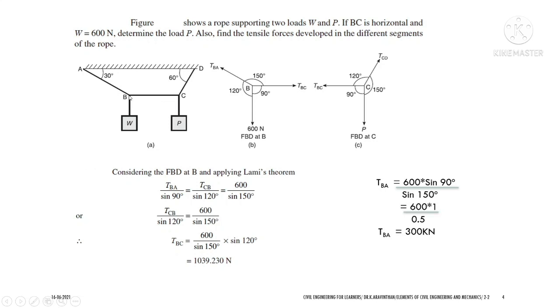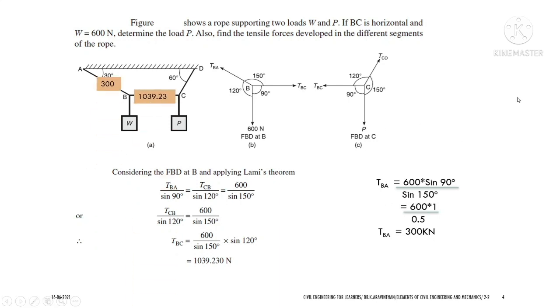So now you have found out the force at BC. And if you want to find force at BA, let us use the rest of the two equations, that is 600 by sine 150 equal to TBA divided by sine 90. So if you cross multiply the sine 90, you will be having this equation, and sine 90 will be 1, sine 150 will be 0.5. If you simplify this, you will be getting 300 kilonewton, and this will be your force.